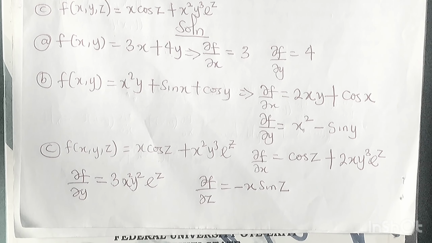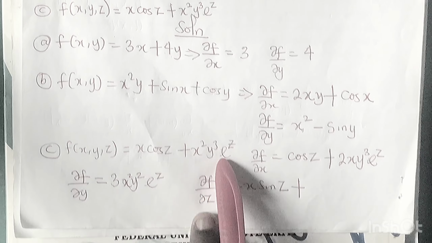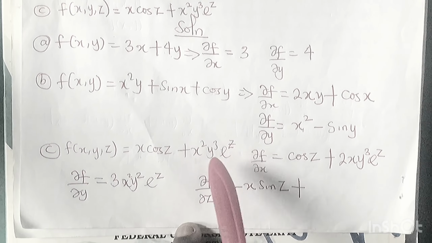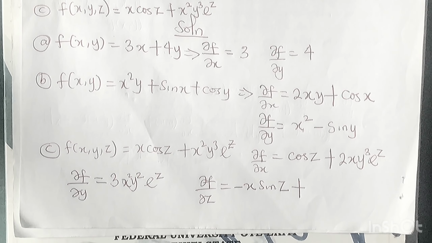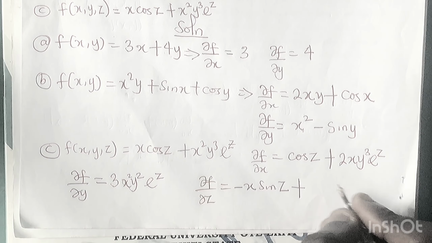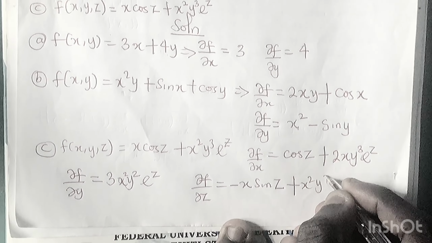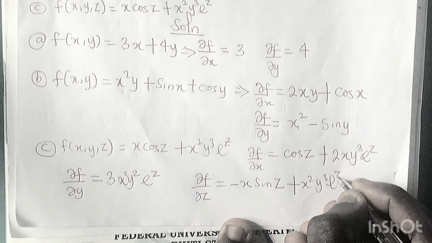Are you seeing that now? Plus, if you differentiate exponential z, it will still give you exponential z, because if you differentiate exponential x, it is still exponential x. So everything here remains the same, which is x squared y cubed exponential z.